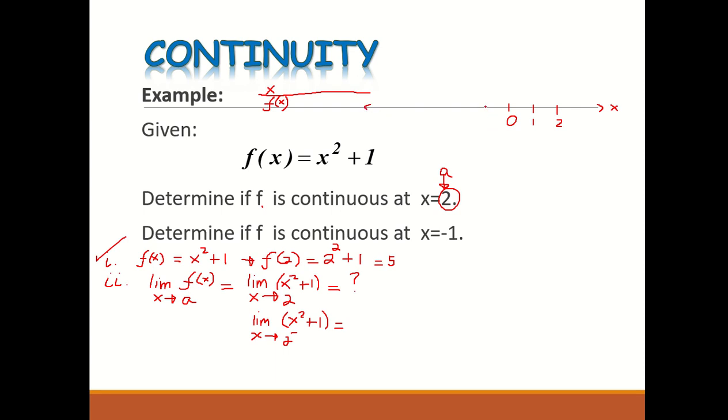Okay, so we have here negative 1, negative 2, and then we have negative 3. Okay, so we just balance this one. You can put as many numbers as you want.